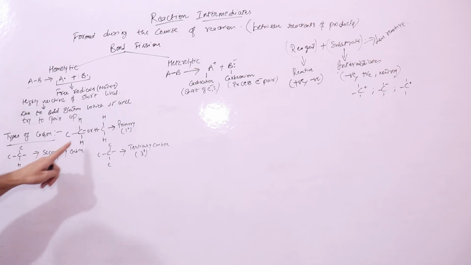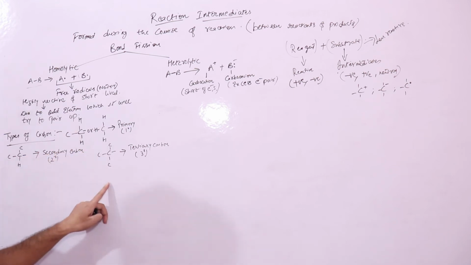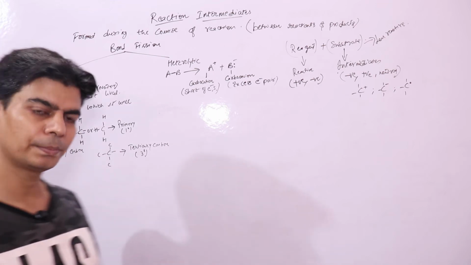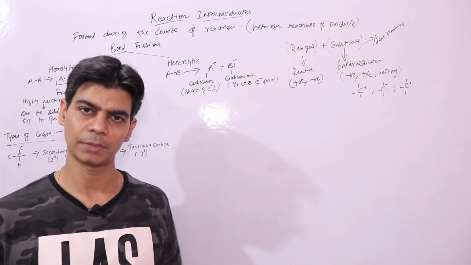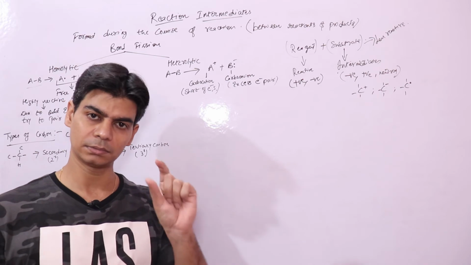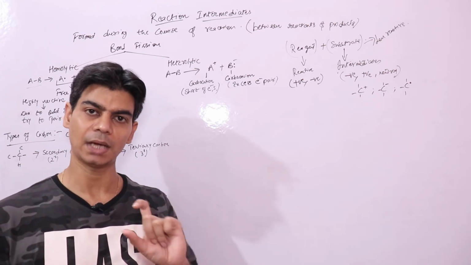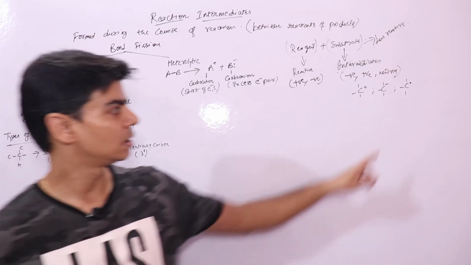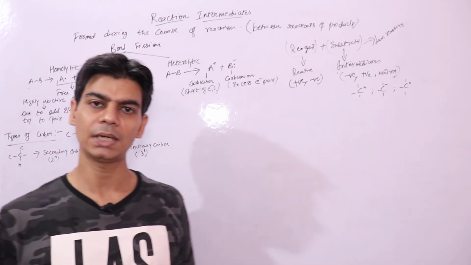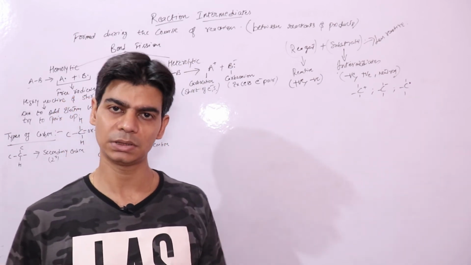So depending on primary, secondary, or tertiary carbon, your free radicals are also primary, secondary, or tertiary, depending on whether the carbon atom that has an unpaired electron, or a single electron, is a primary carbon atom, secondary carbon atom, or tertiary carbon atom.